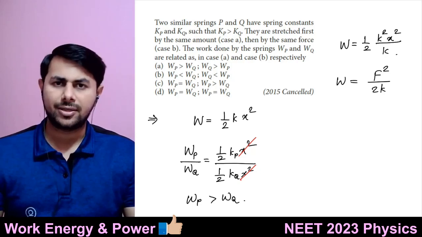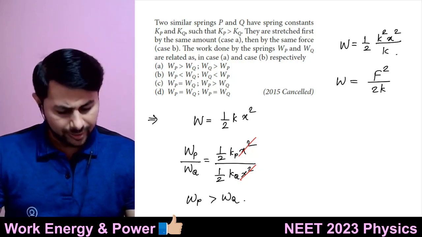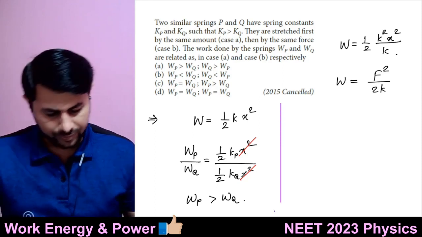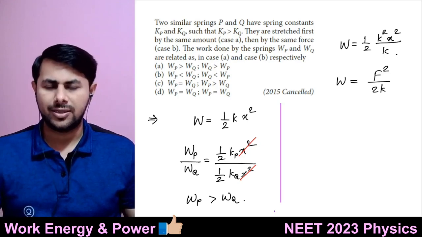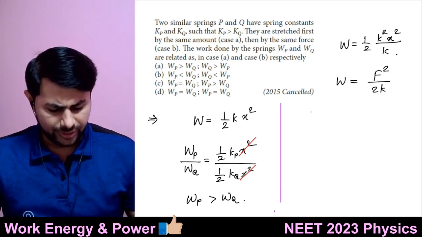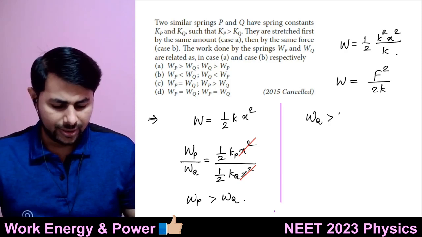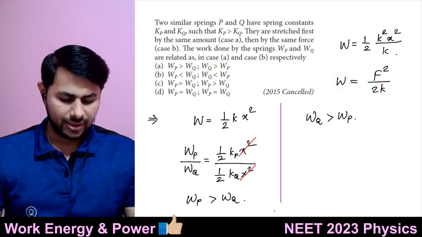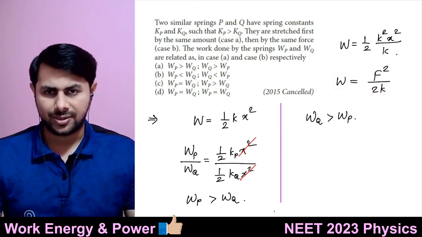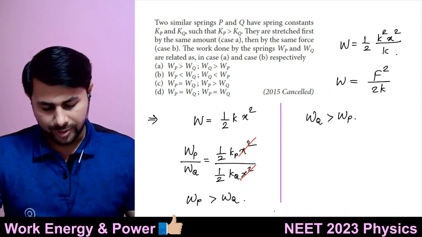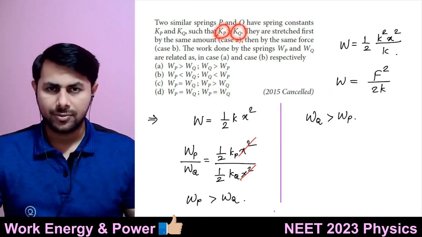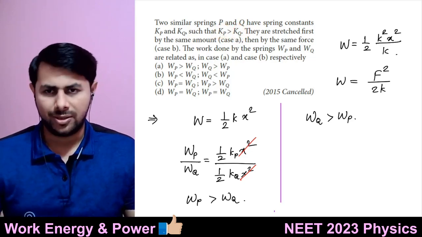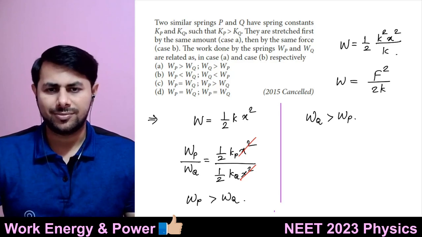In the second case, the work done is inversely proportional to K when they are stretched by the same force. So Wq will be greater than Wp, because if K is more, then work done will be less, and if K is less, work done will be more. Kp is greater than Kq, so work done on Q will be greater than work done on P. Wq will be greater than Wp.